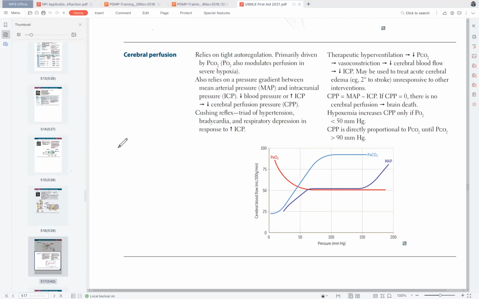So we want to decrease oxygen so that more blood does not flow to the brain. So if we look here, therapeutic hyperventilation decreases PCO2, and that causes vasoconstriction and decreases blood flow to the brain. That decreases the intracranial pressure.